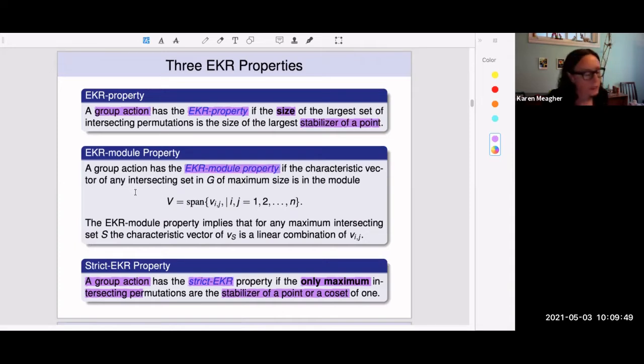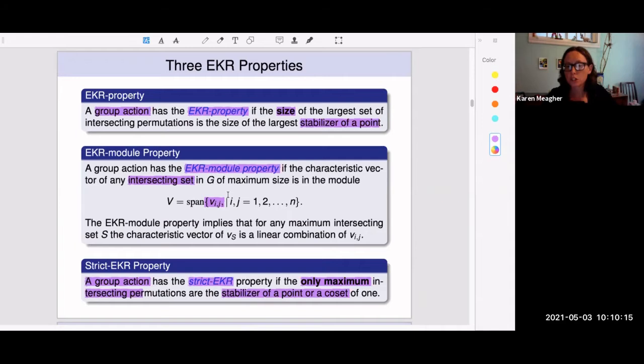What happens is, we talk about the EKR module property. If we take an intersecting set, and I'm going to write down its characteristic vector, if that vector is a linear combination of these Vij's. So I'm going to take the characteristic vectors for my canonical intersecting sets, I'm going to take the span of them, and I get a whole big vector space.